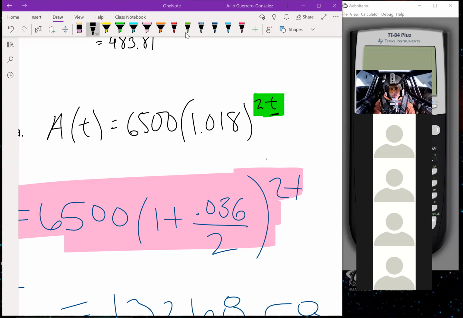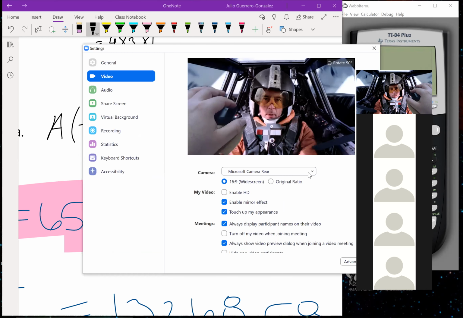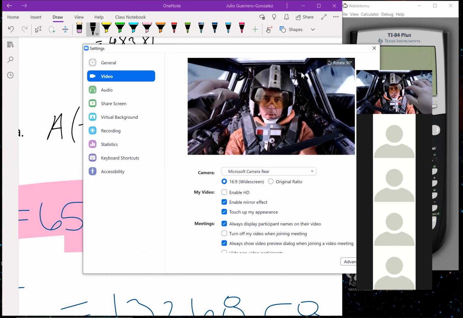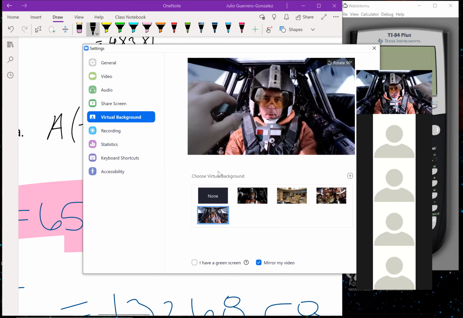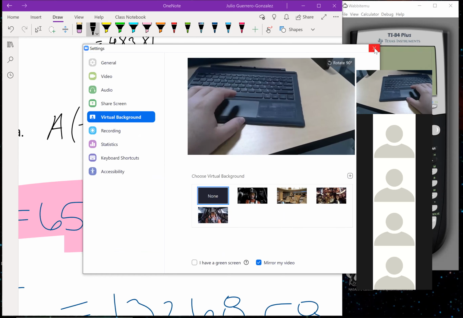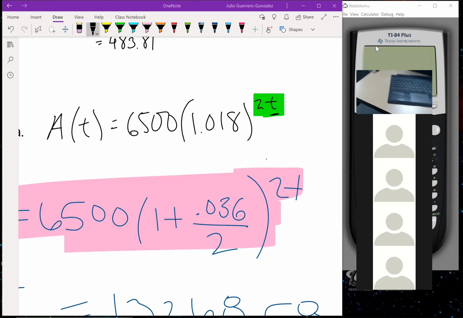Now it doesn't even want to show. Yeah, it doesn't show my thing yet. Virtual background. There we go. I need to turn off my virtual background. Classroom where you guys would be.